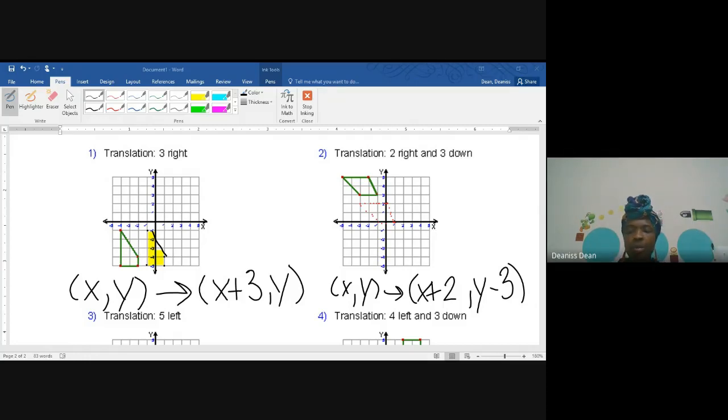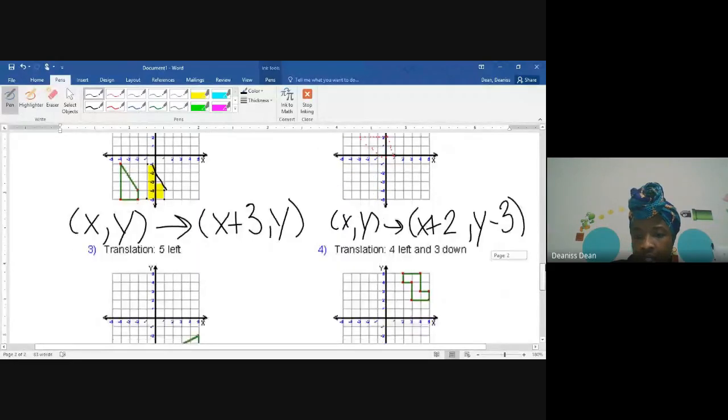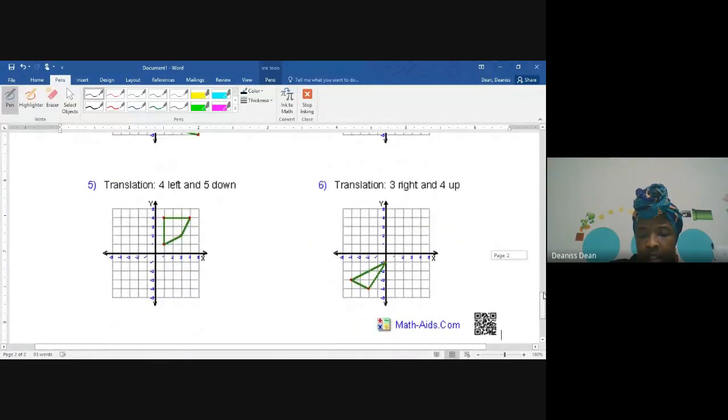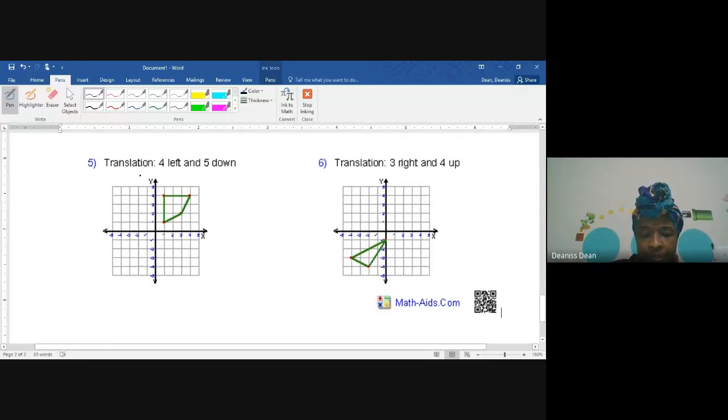All right, I'm going to do one more, y'all, and then you're good to go. So the last one I'm going to do is number 5 right here. Same thing, moving left 4 this time and down 5. So I'm moving to the left, so pay attention to what it says you're doing.